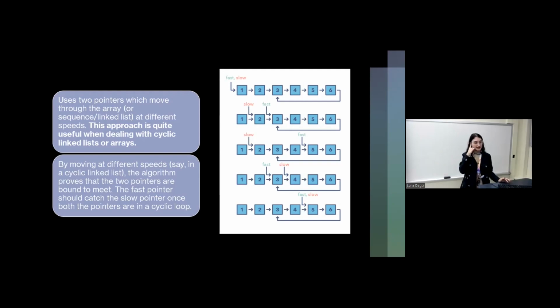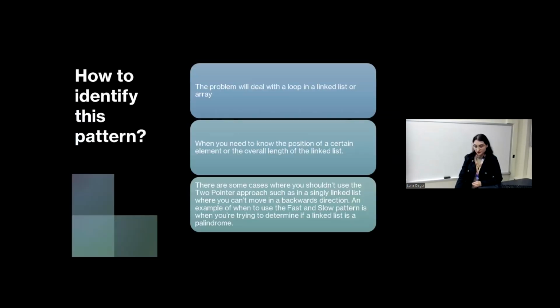This is typically used for cyclic linked lists or arrays. And yes, they crash eventually, if you imagine they are cars, and that indicates that there is a cyclic loop going on in the data structure.